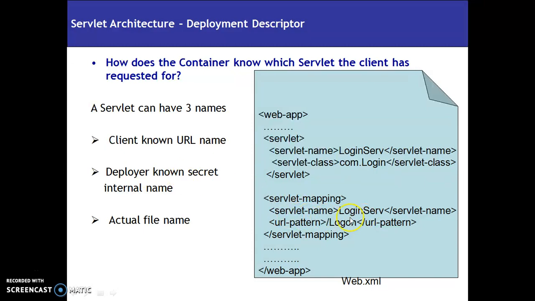Whatever name you have provided in the servlet name, for example login serve, that is the internal secret name provided by the deployer. And the third name, that is the actual file name, the actual servlet class. In our case, that is login. So that's how a web container knows which servlet the client has requested for.